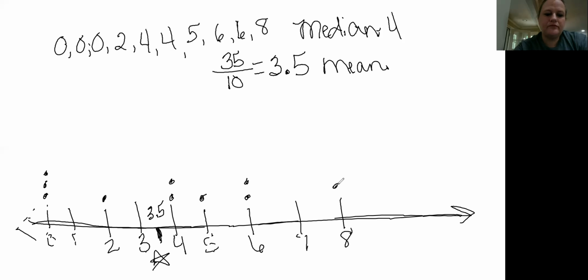Okay. These zeros are how far from the mean of 3.5? They're 3.5.